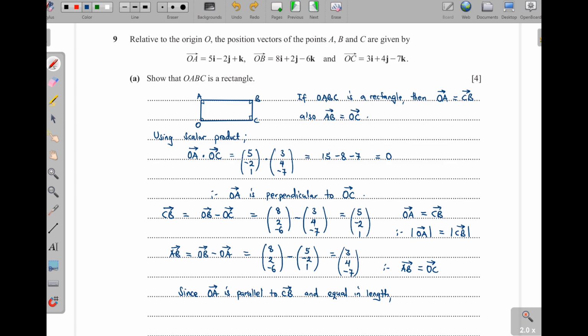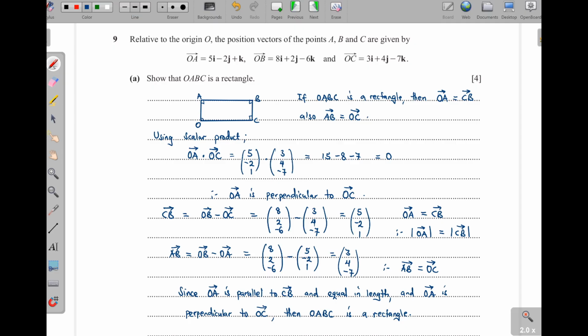So that is what differentiates a rectangle from a parallelogram. And equal in length. And OA is perpendicular to OC, then OABC is a rectangle.